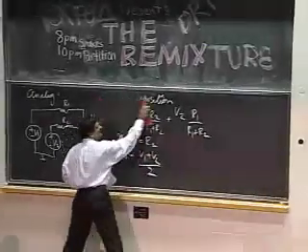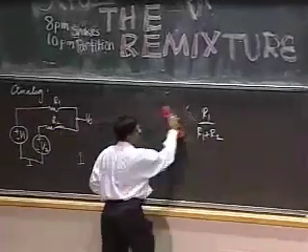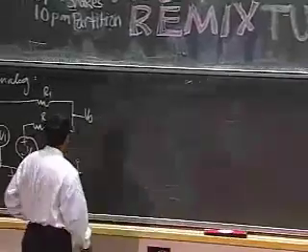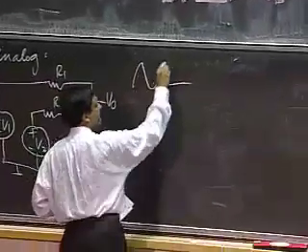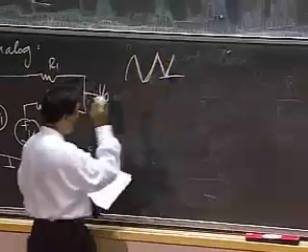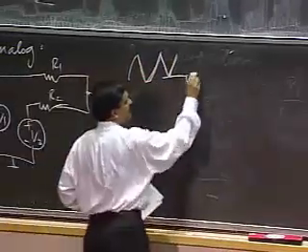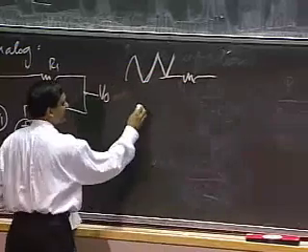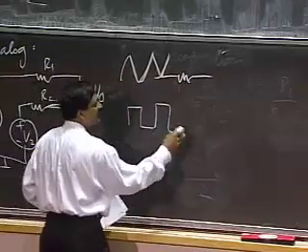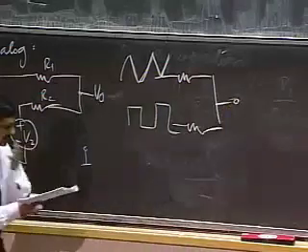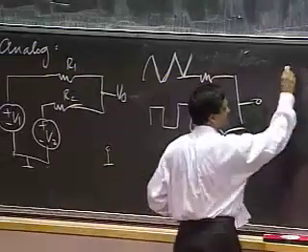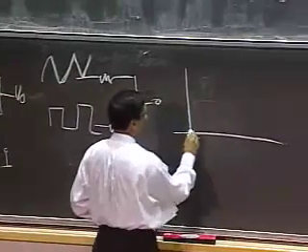I'll switch to page 3. Let me just draw a little sketch for you here. What I showed you was a triangular wave coming on one of these inputs, and a square wave on the other one, and the output looks something like this.